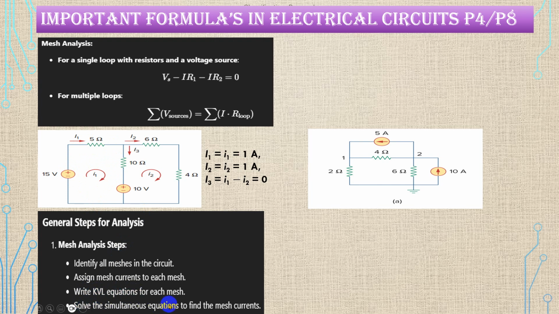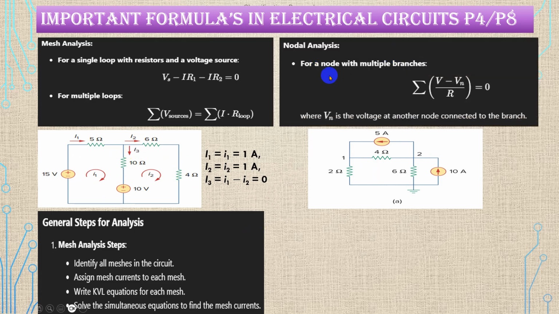Now solve the simultaneous equations to find the mesh currents. We have two meshes here, so we have two mesh equations by using KVL. Then we can solve the two unknowns and find the values of I1 and I2. Then we can find the branch currents I1, I2 and I3. Okay, this is about the mesh.